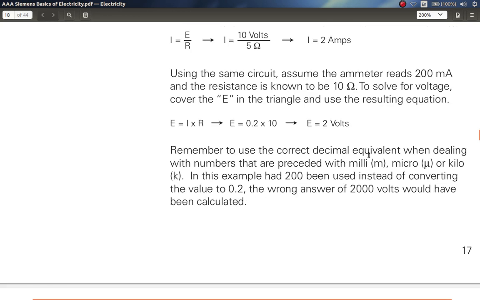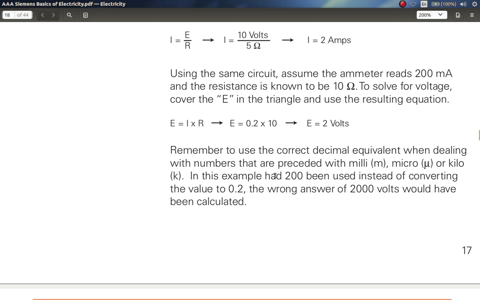Remember to use the correct decimal equivalent when dealing with numbers that are preceded with milli, m, or micro, mu. Now they use the Greek letter mu. Or kilo, k. Remember before they had mistakenly used M. So now they use mu.